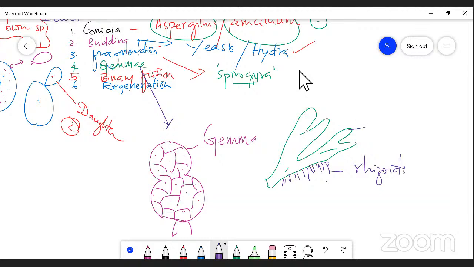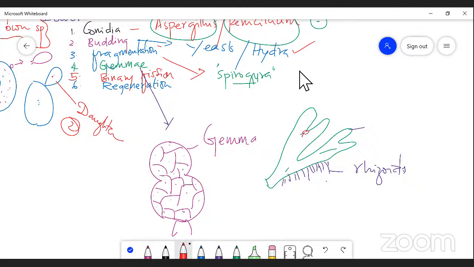And it is filamentous. And on this thallus-like structure, you can see gemma.